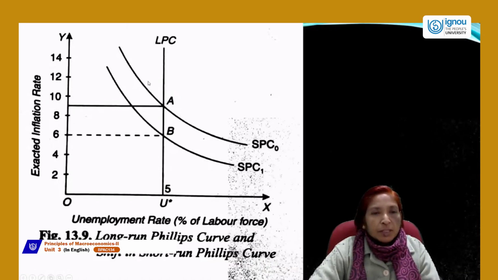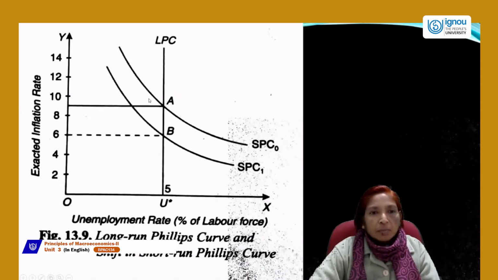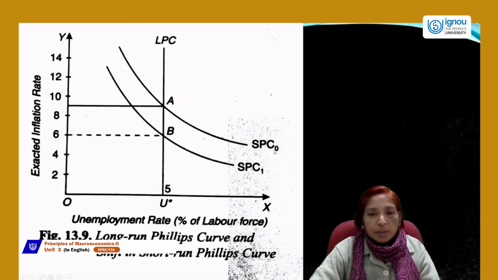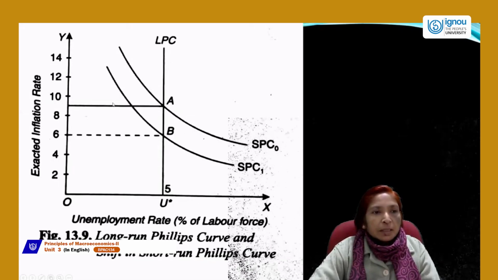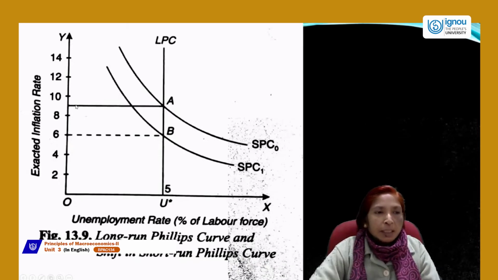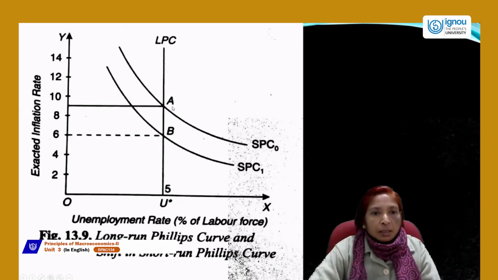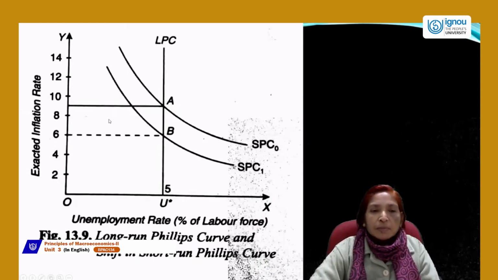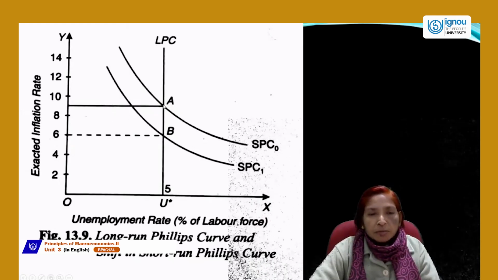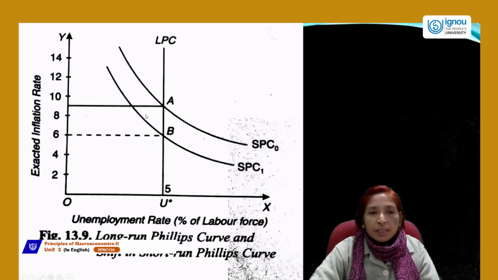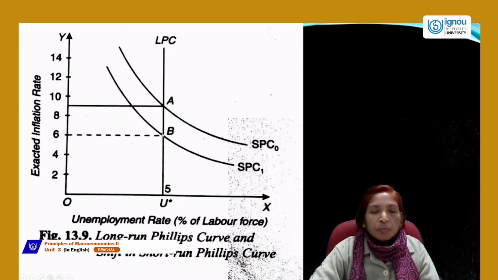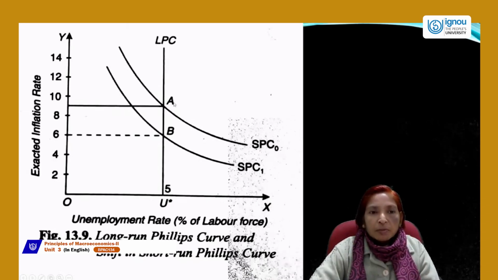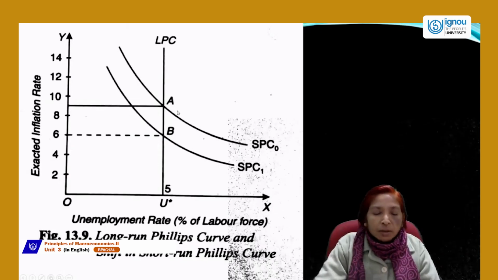If we assume that the first equilibrium point is A, on short run Phillips curve number 0, at 9% expected inflation rate, and if inflation falls from 9% to 6%, then the short run Phillips curve will shift to the left hand side and the equilibrium point will be B. But the long run Phillips curve will always remain constant or vertical.